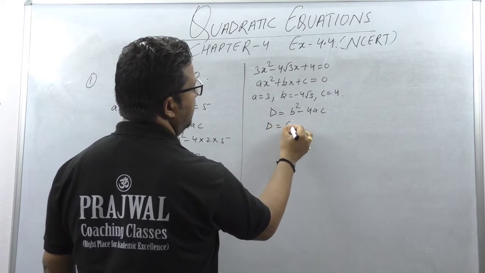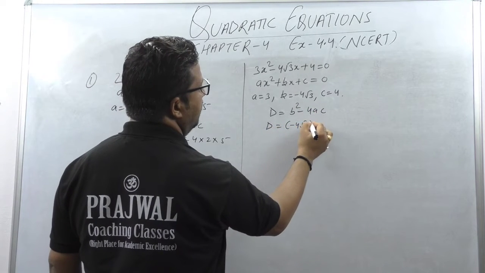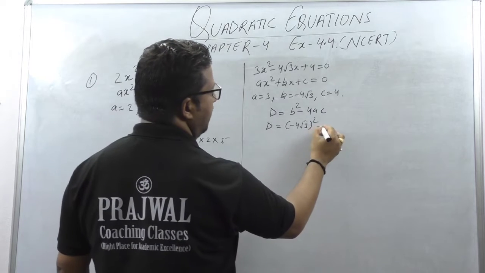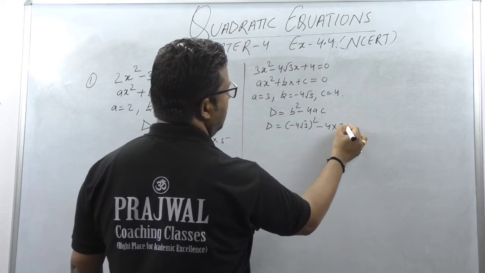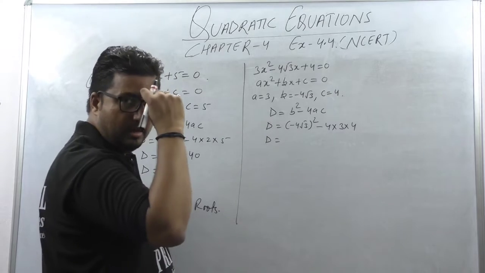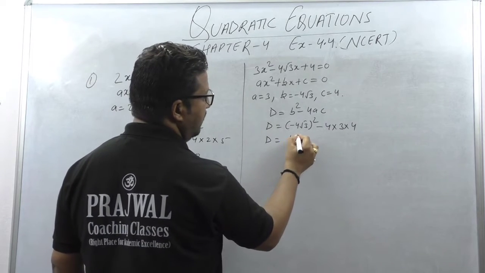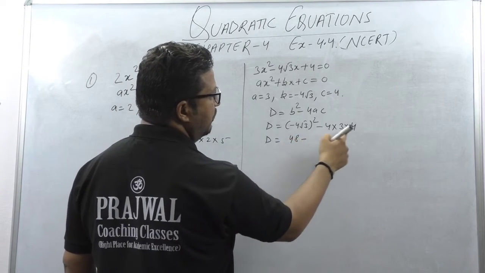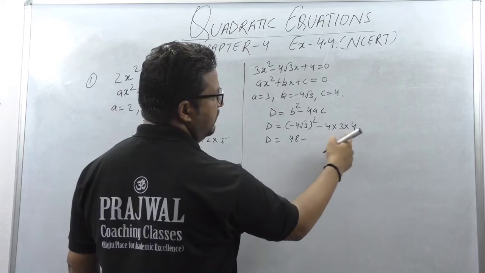So D is (-4√3)² - 4ac. If we take the square of 4, it is 16, and √3 squared is 3, so 48. Then minus 4 times 3 times 4, that is 4 times 12, which is 48.